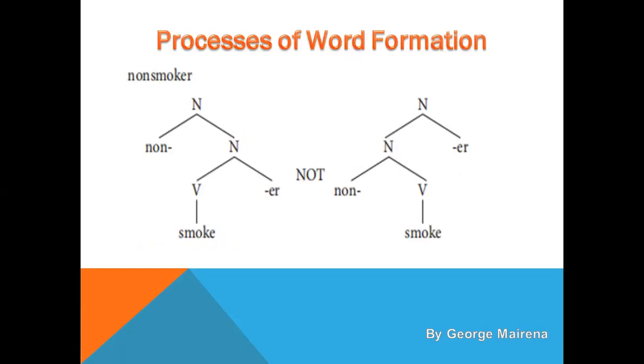Okay, here we have the process of word formation, right? So here we have to take into account the morphemes, the morphs, and the types of morphemes, right? We have the word non-smoker. So we have two different diagrams. The left one is the good one, and the right side is the wrong.